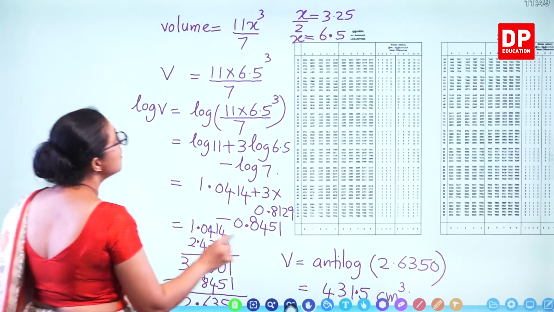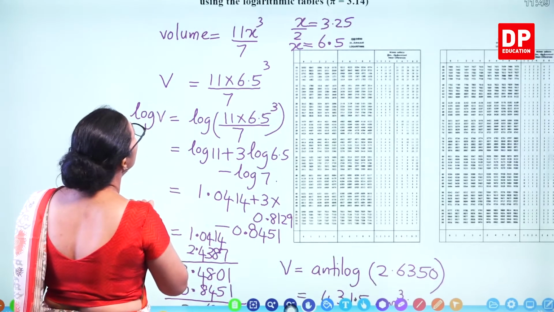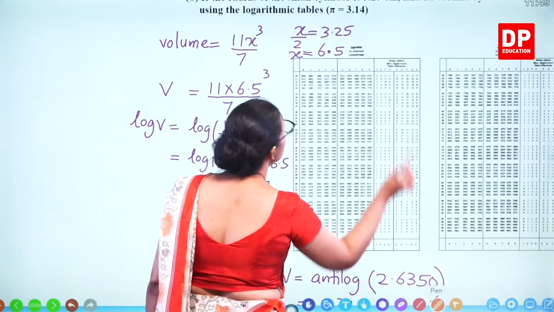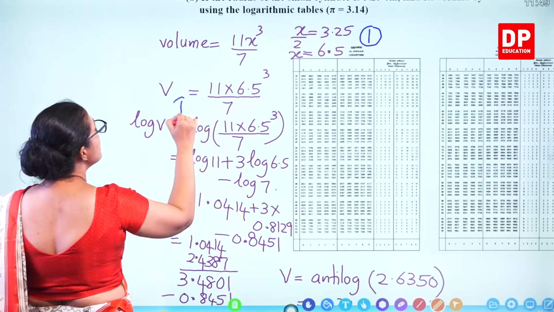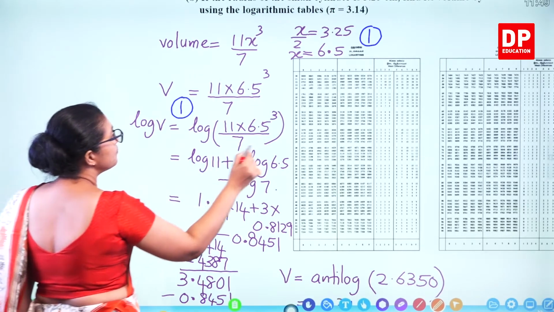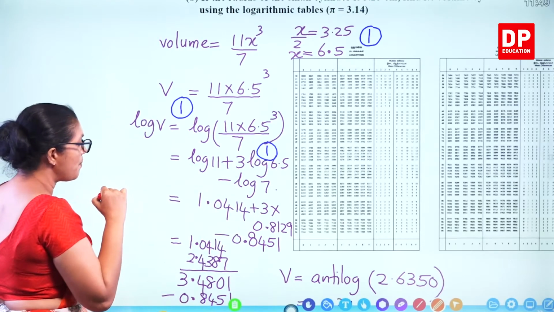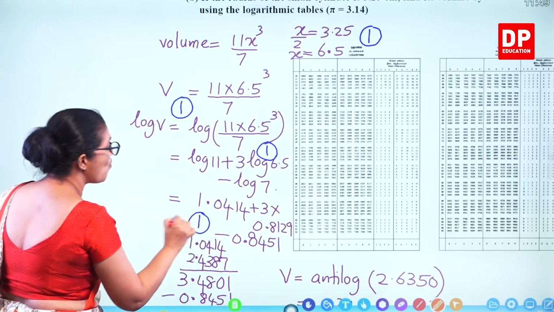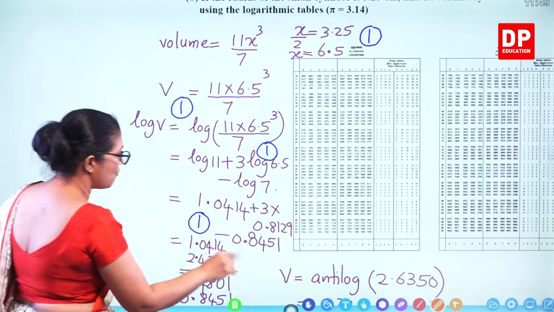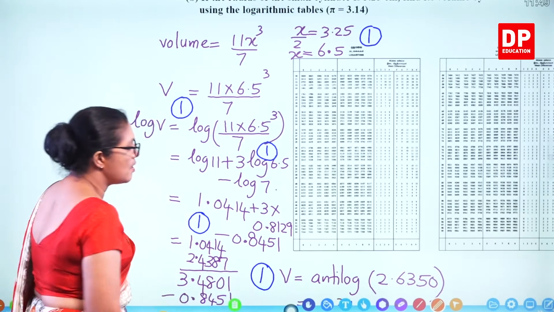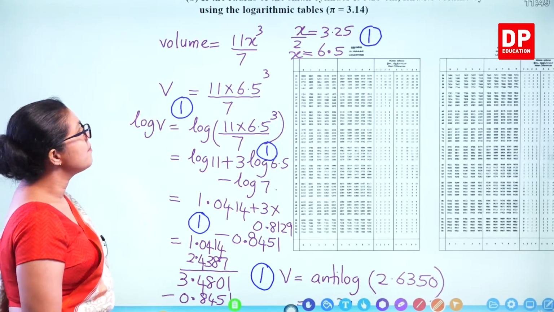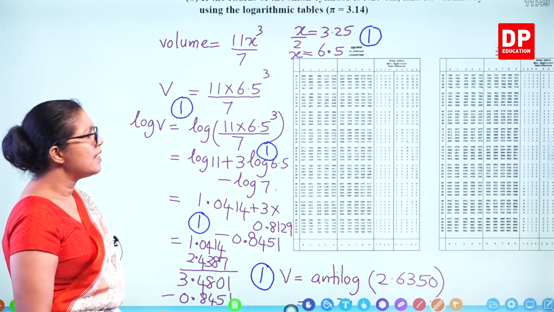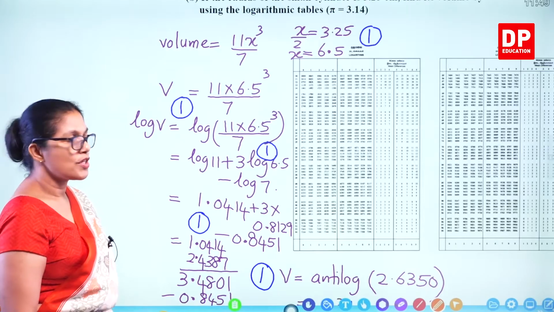We can give 1 mark for finding x, taking logarithms 1 mark, laws of logarithms 1 mark, referring to the table 1 mark, and final answer 1 mark. So 5 marks for that. So 5 and previous 5 marks, altogether 10 marks for this question.